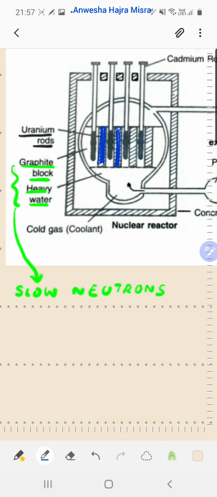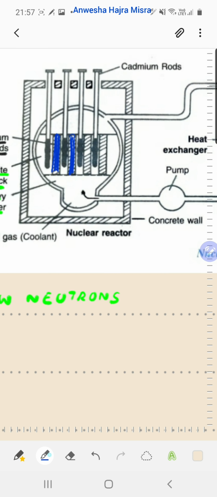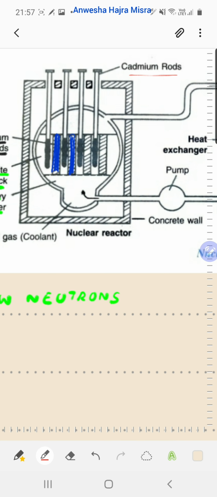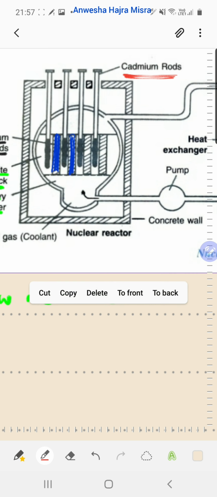Now you can see the cadmium rods. What does the cadmium rod do? These are the cadmium rods.